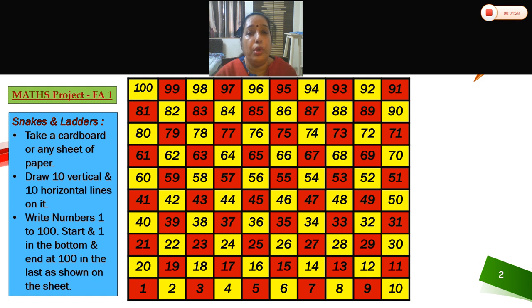Now you are going to draw 10 horizontal and 10 vertical lines. Now you are going to write numbers from 1 to 100. Now you are going to start with one.